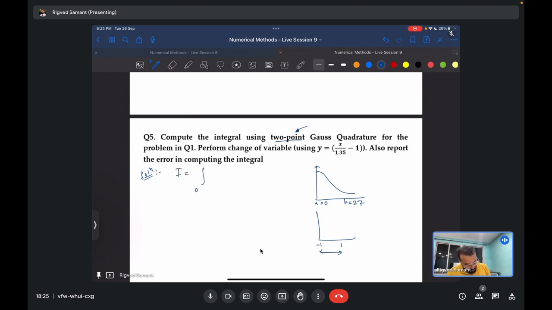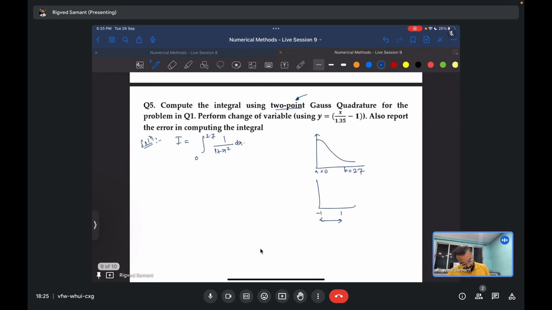Integration from 0 to 2.7, 1 upon 1 plus x square dx. Now change of variable: use y is equal to x divided by 1.35 minus 1.